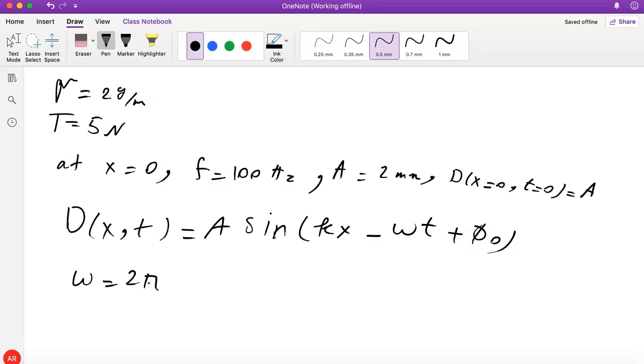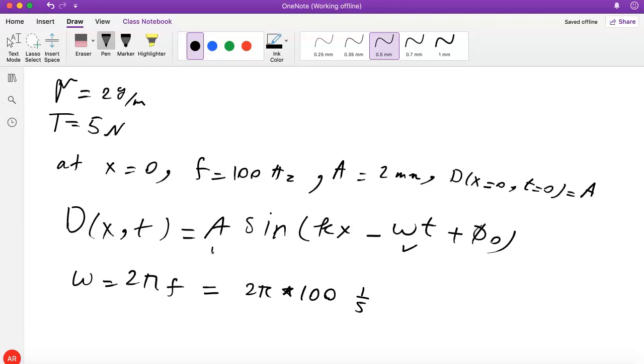Omega is 2 pi times the frequency, right? So that we already know. It's 2 pi times 100, and that's in hertz, or 1 over seconds if you wish, or rads over seconds. So we know omega, so that's good. We know this number here. We need to know A, we need to know K, we need to know phi naught.